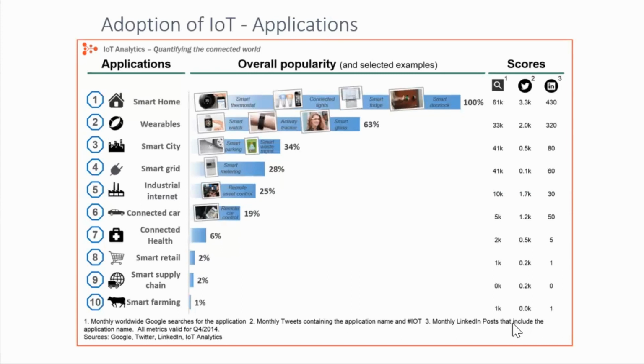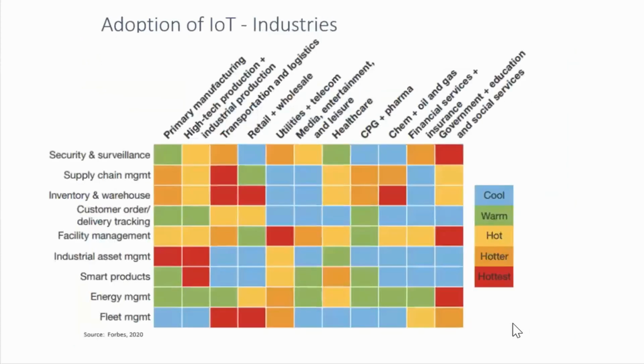Smart grid, again, we talked about industrial Internet of Things, connected cars, connected health, right? That's going to be a big one in the healthcare industry. Smart retail, which I have had the pleasure of working in, and smart farming. So pretty cool stuff.